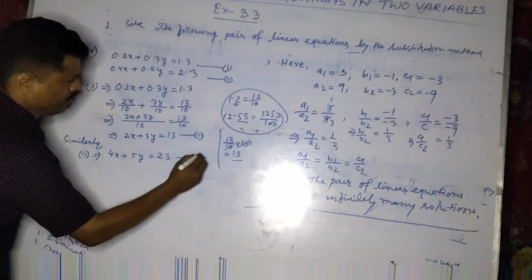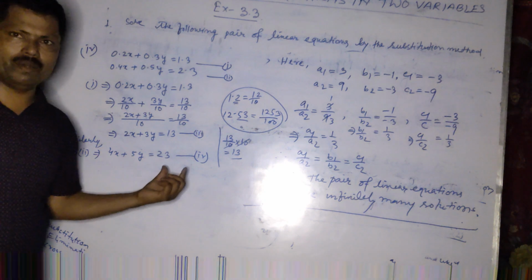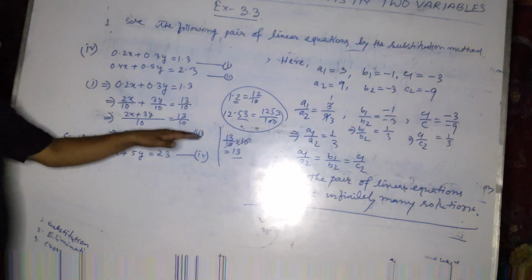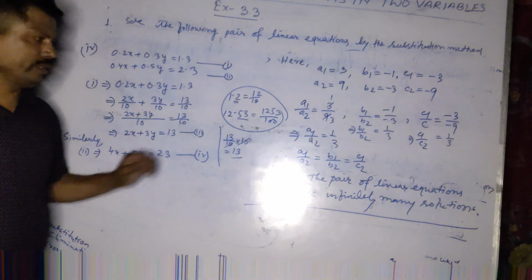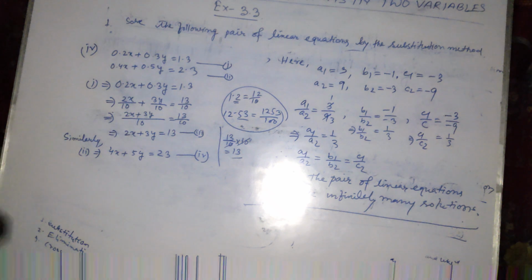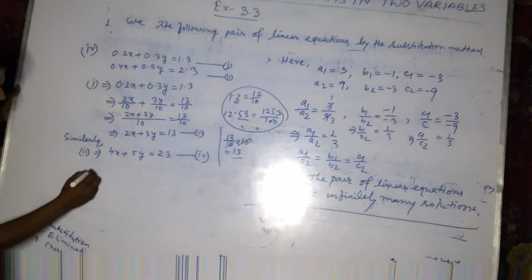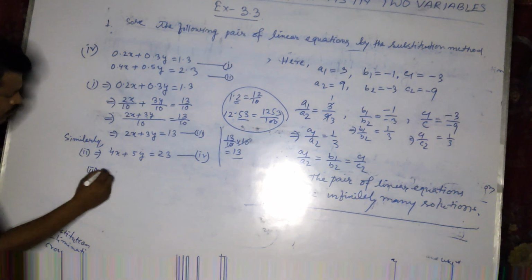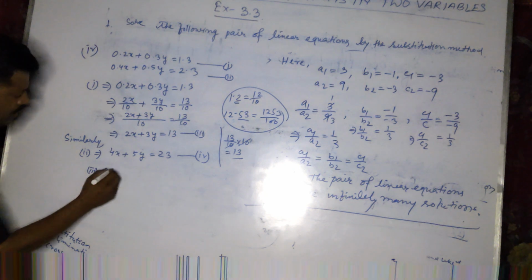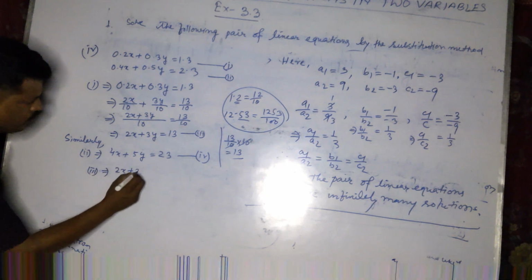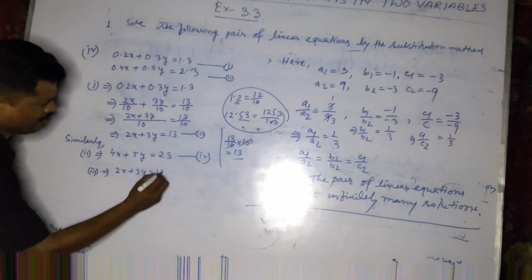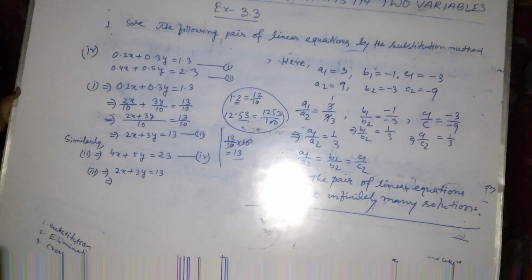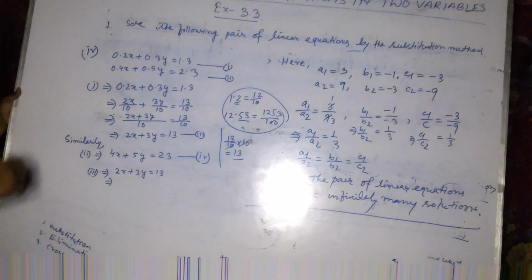This we write as equation number 4. So now we are free from decimal points. Now equations 3 and 4 we have to solve. From 3 we have to find the value of one variable, x or y, from 2x plus 3y is equal to 13.